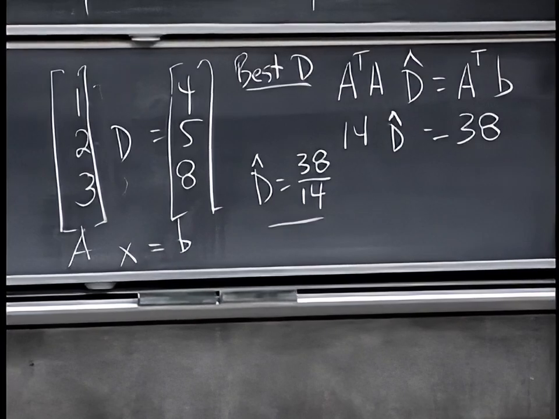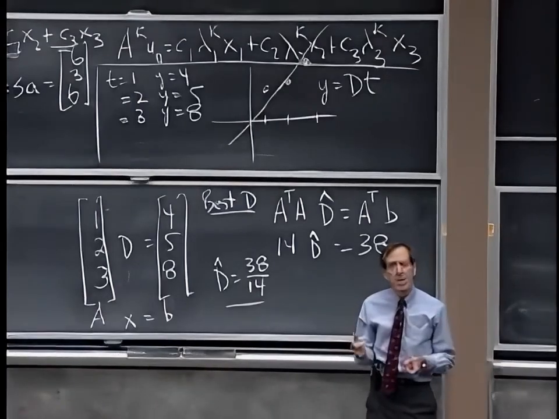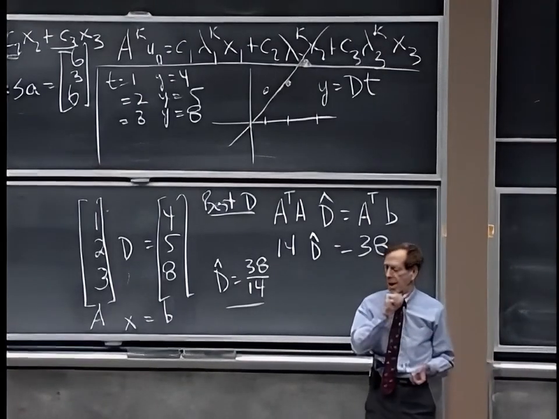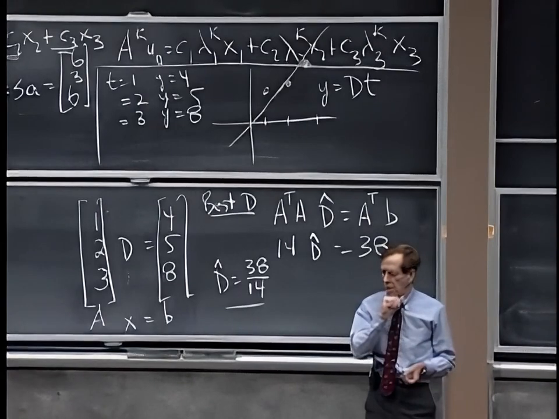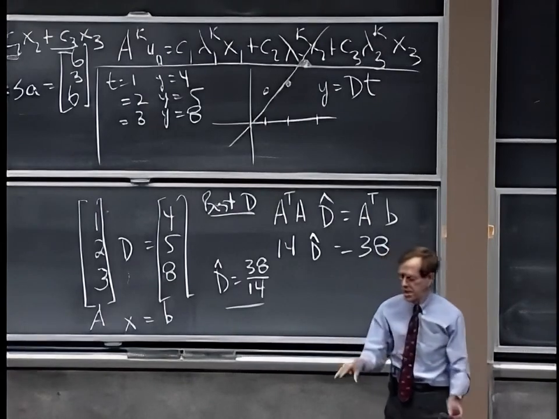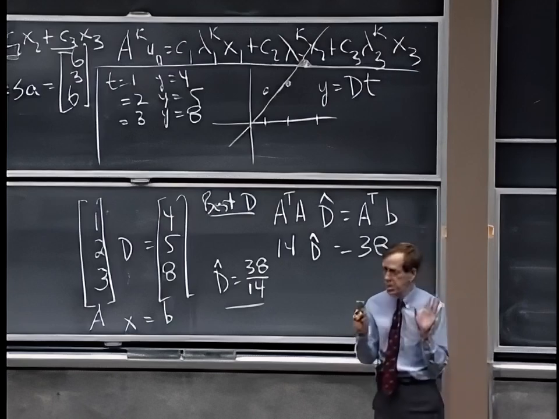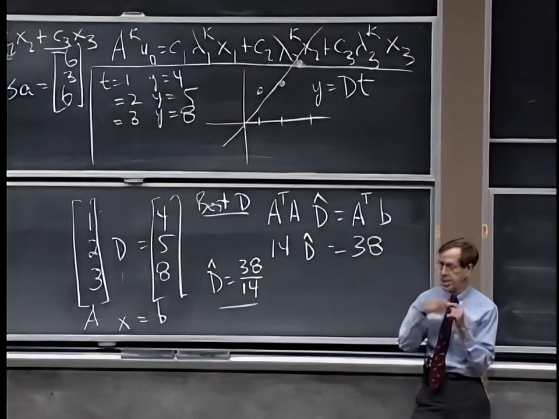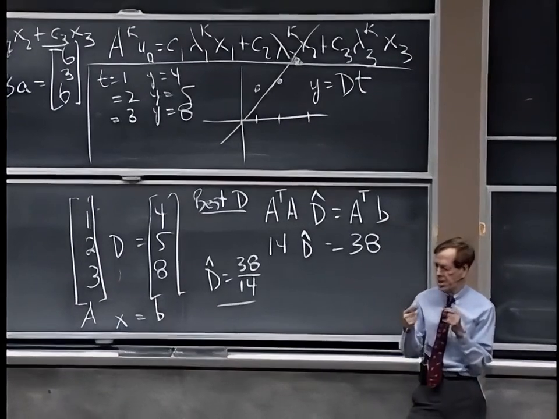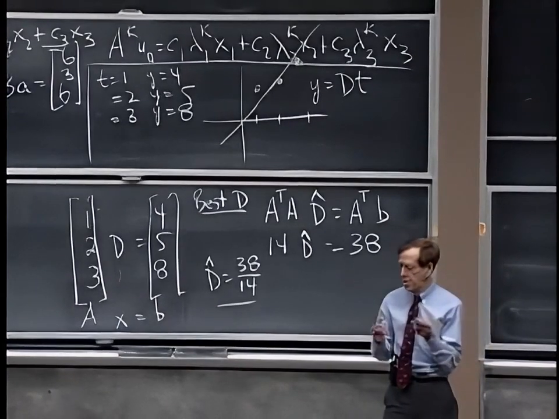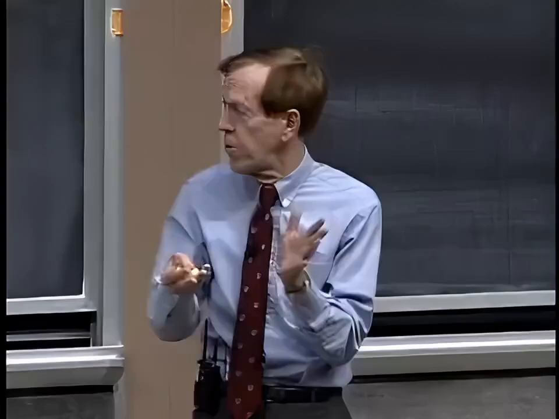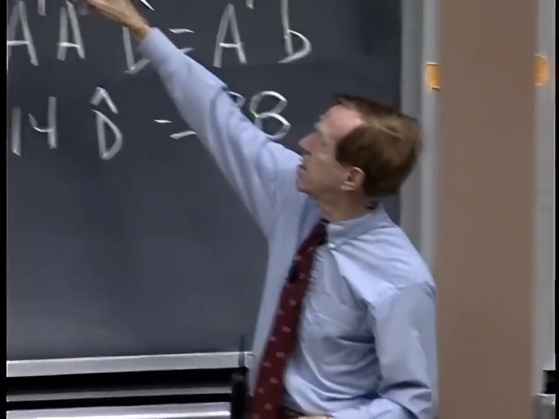So we found the best line, and now here's the next question. What vector did I just project onto what line? See, in this section on least squares, here's the key point. I'm asking you to think of the least squares problem in 2 ways. 2 different pictures, 2 different graphs. One graph is this.